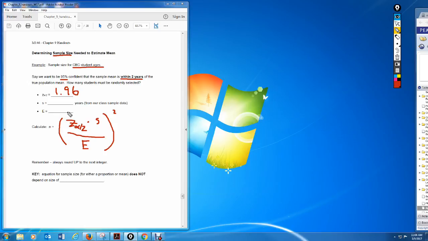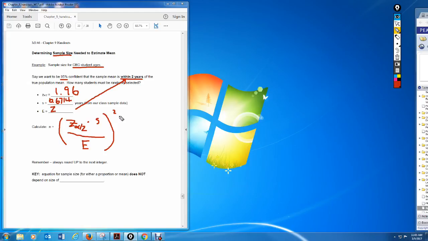For s, we'll just use the sample standard deviation from our class sample, which was 6.6714. And then the margin of error, E, that was given up here. We're saying within 2 years. So that is telling us that the margin of error, E, is equal to 2.